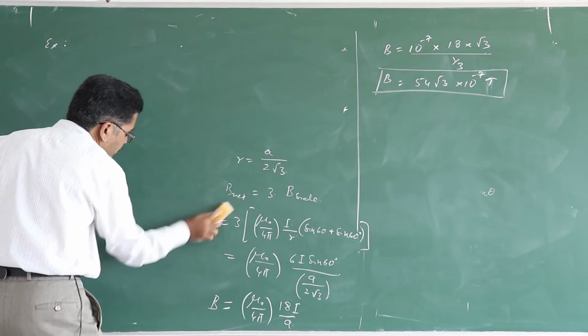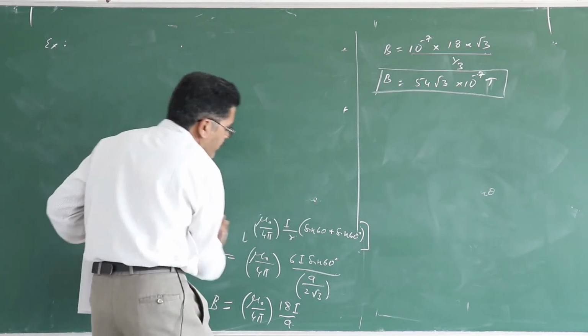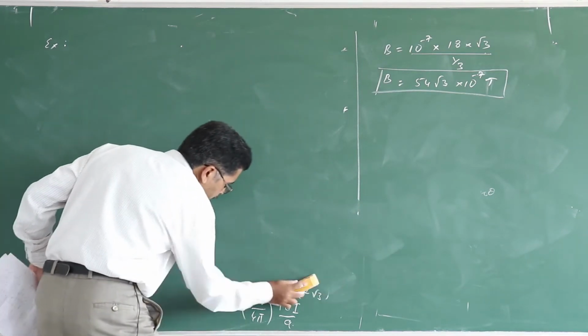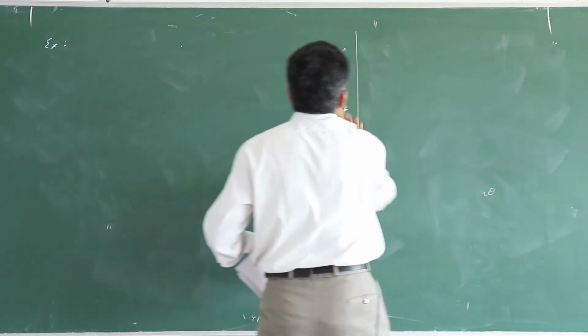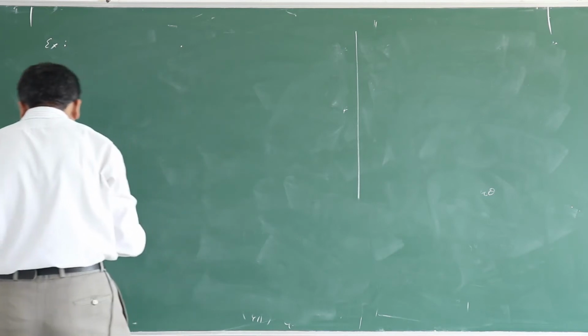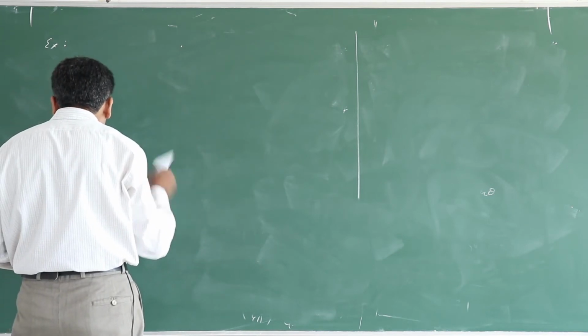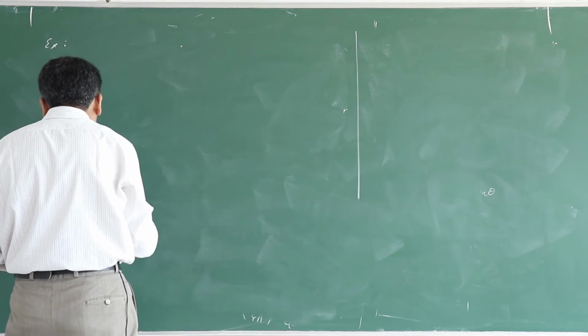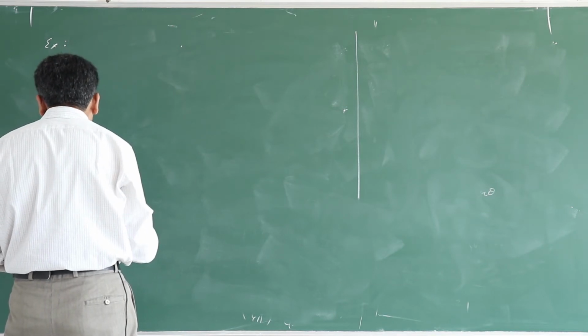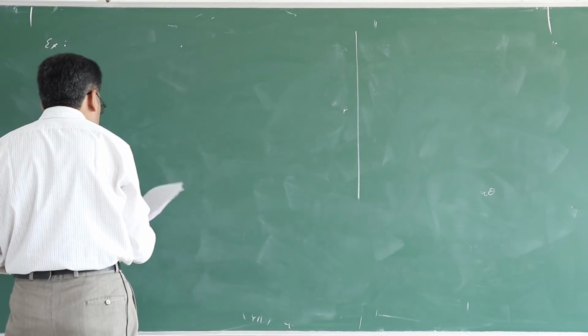Where we have a hexagon carrying current. We have to find what is the magnetic field due to the current flowing through the hexagon.